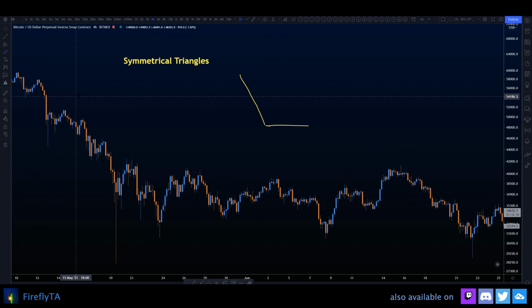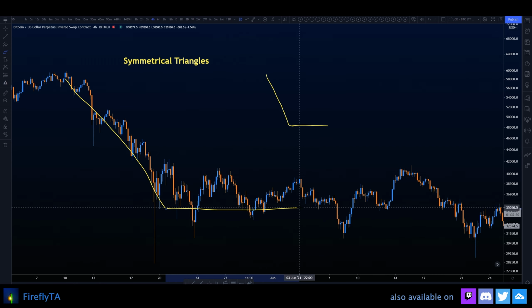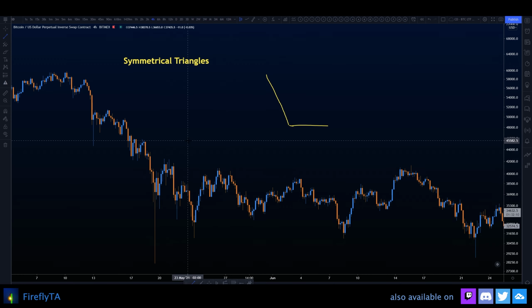And look what we got here on Bitcoin. We had a down move to this point, and we have sideways. This is a representation of this structure. Now, if we see this kind of move down, and then we see a pattern that is neutral, that tells us there is a state of balance in the local area.